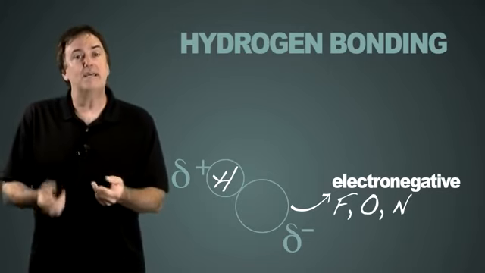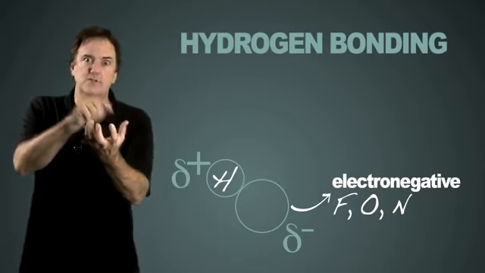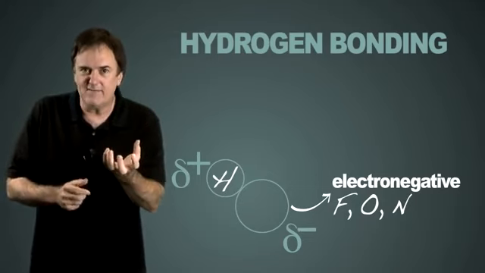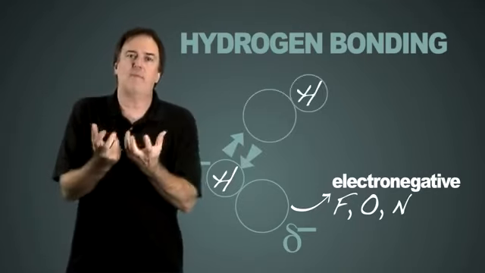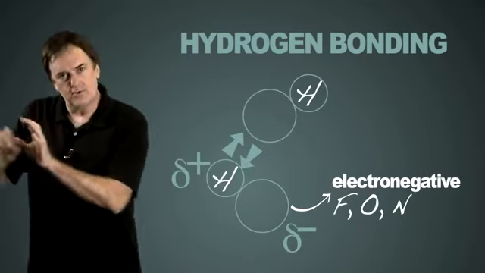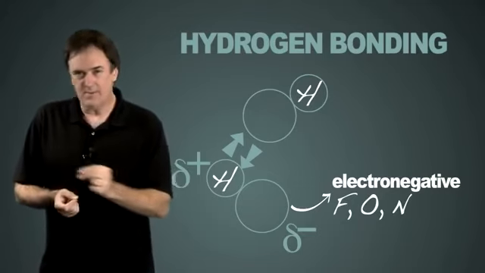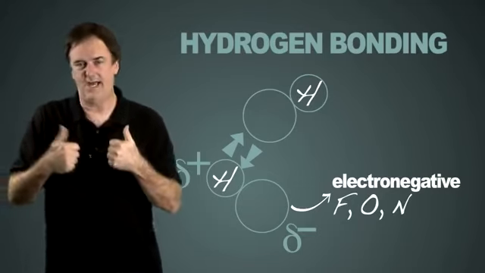And when it is, it becomes so partial positive, and the oxygen or nitrogen or fluorine becomes so partial negative that you get an even higher amount of attraction. So we go ahead and classify that in its own class. We call it hydrogen bonding, but it's really just dipole-dipole interaction, just up a notch.